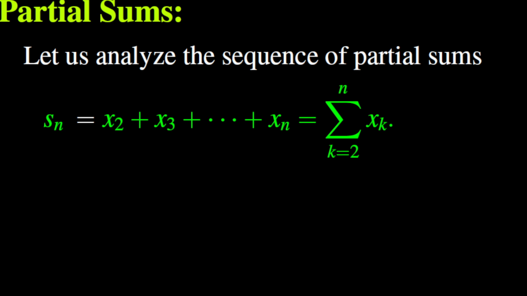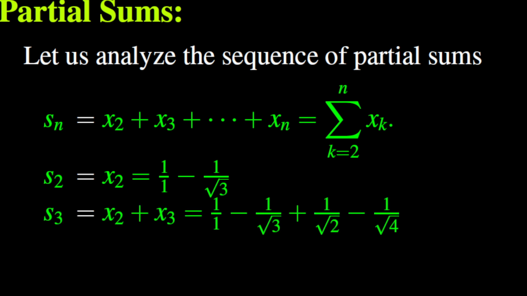Note that the sequence Sn is defined as the sum of the terms xk with k going from 2 to n. So, S2 equals x2, which is 1 minus 1 over square root of 3. And S3 equals x2 plus x3, which is 1 minus 1 over square root of 3, plus 1 over square root of 2, minus 1 over square root of 4.